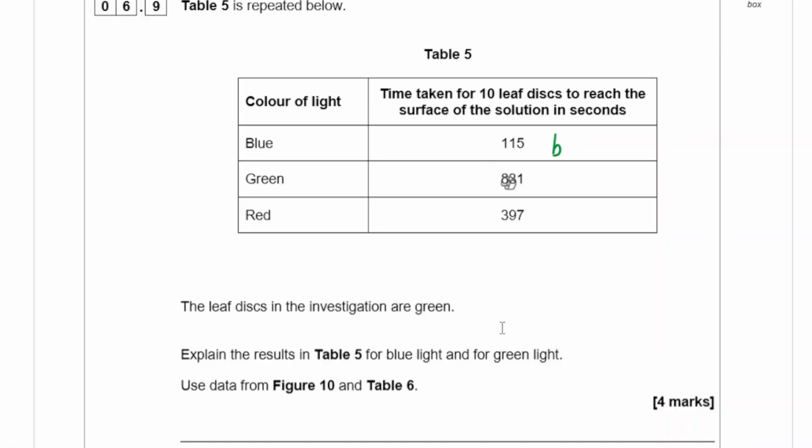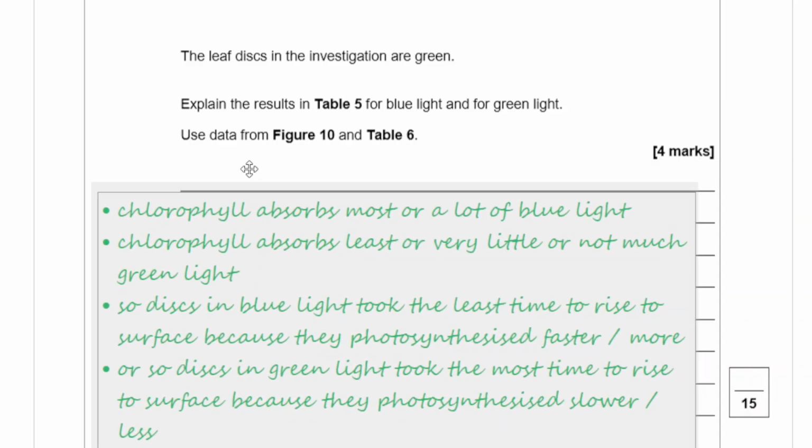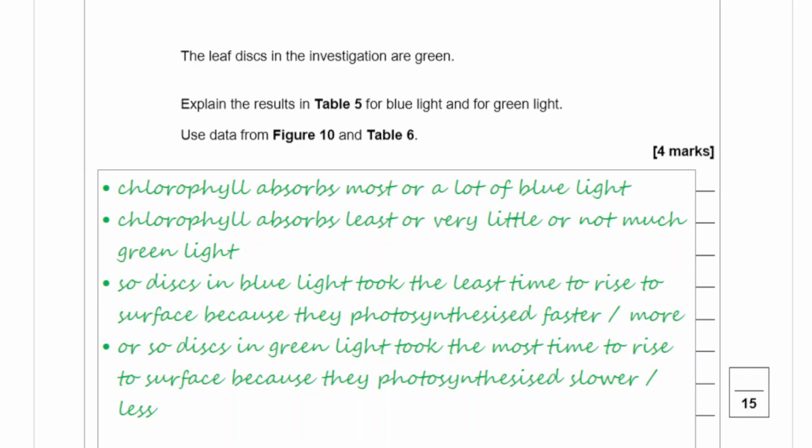Okay. Explain the results. Here's a standard answer. Chlorophyll absorbs most or a lot of blue light. Chlorophyll absorbs least or very little or not much of the green light. So discs in blue light took the least time to rise to the surface because they photosynthesized faster or more.